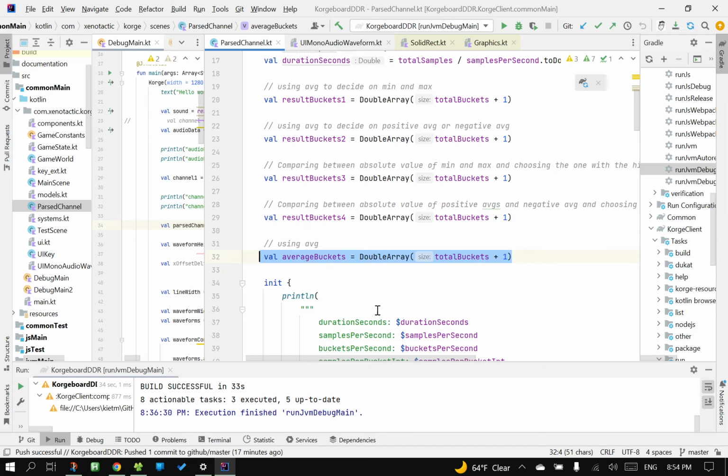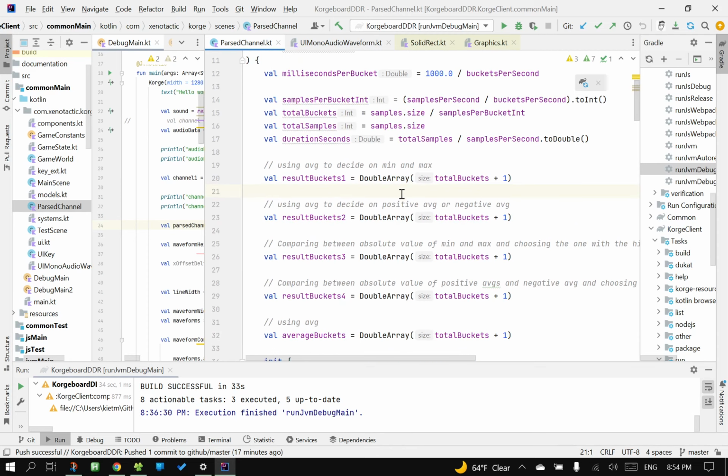So this is the average buckets. Another way would be using the average to decide whether to use the minimum or the maximum. If the average was positive, you would use the maximum. If it was negative, you would use the minimum. Doing the same thing, but instead of the minimum and maximum, you use the positive average or the negative average.